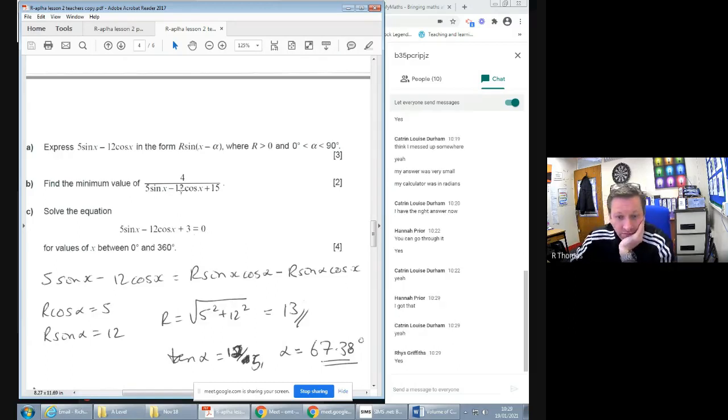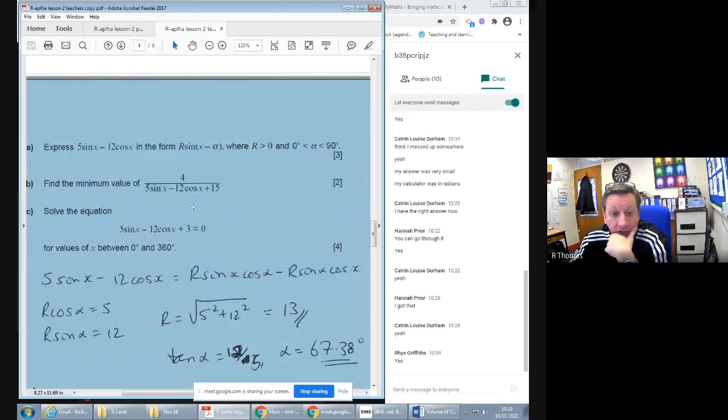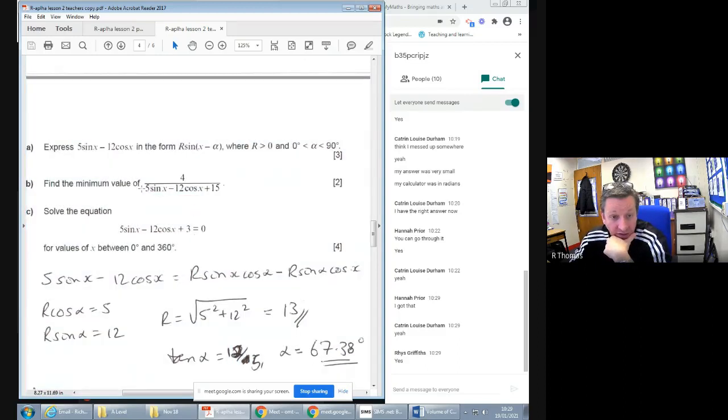Well done, Griff. So what you're going to do now is you're going to replace this here with 13 sine brackets x minus 67.38. And of course, to get the minimum value, I need the denominator to be at its maximum. So sine brackets x minus 67.38 will have to be 1.